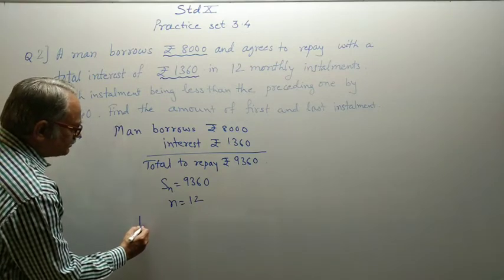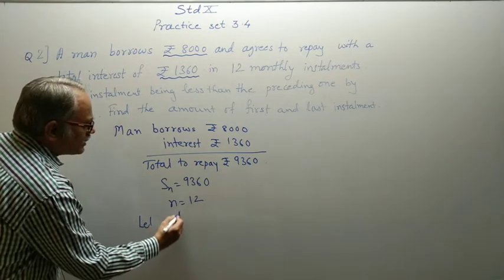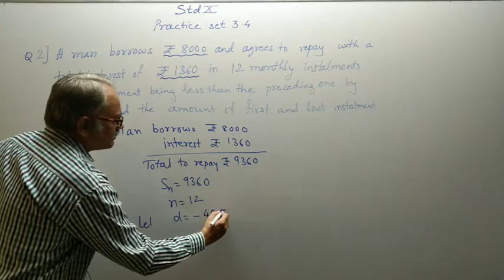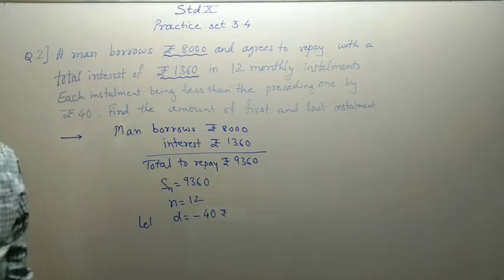D is every time 40 rupees less, so D is minus 40 rupees.